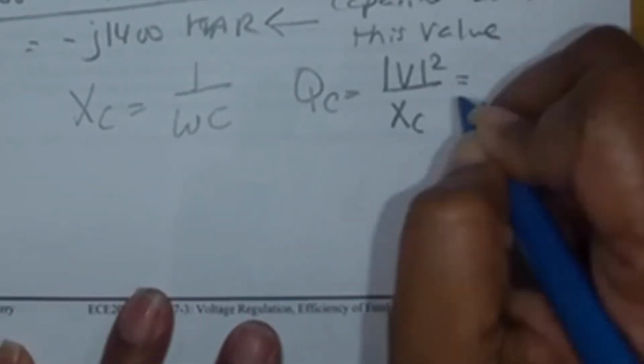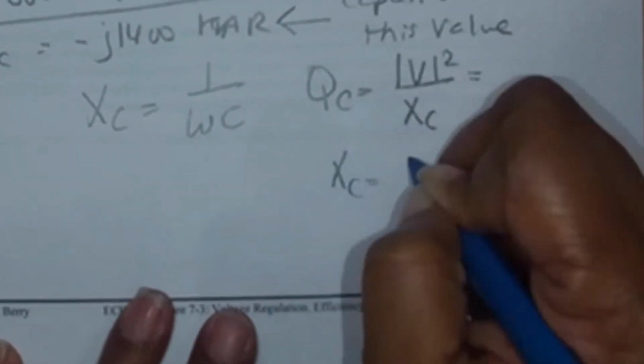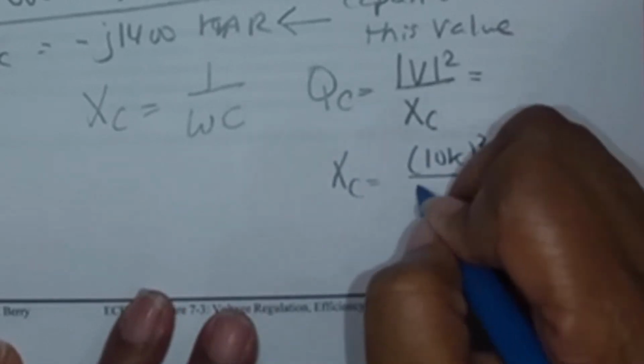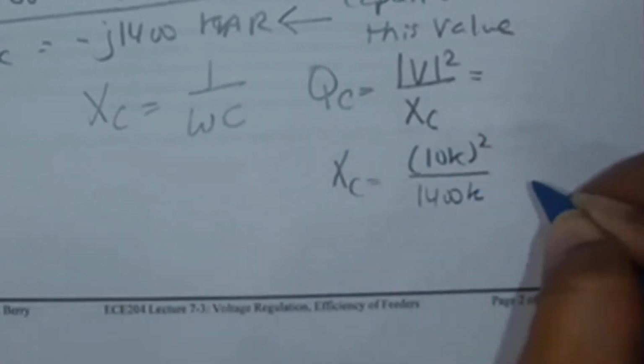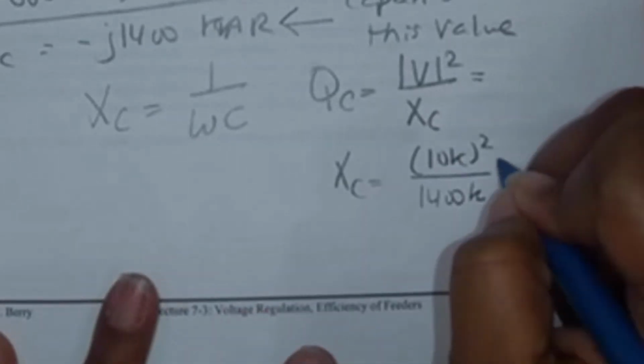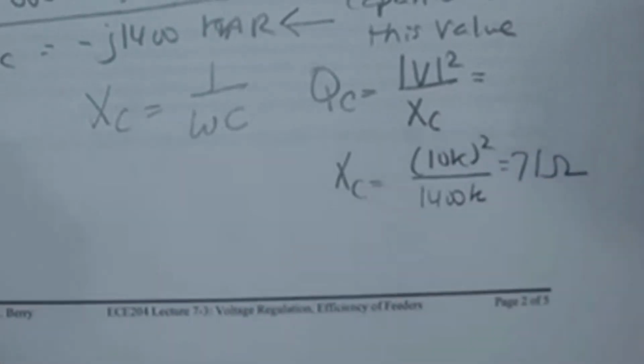So this is going to be XC equals 10K squared divided by 1400K. So you solve for XC and then use XC to get the capacitor value. So I'm getting around 71 ohms for XC.